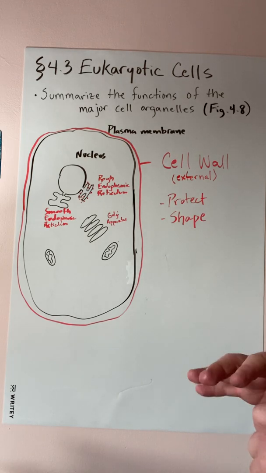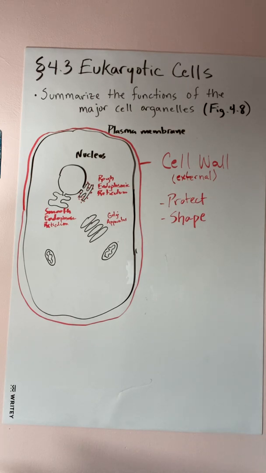Cellulose, you'll see on the nutrition label, that's fiber. It's a complex carbohydrate that our bodies cannot break down. Very few things can break it down. So since it's very rigid, it's very hard, it both protects and gives shape. So the cell wall is going to be only in plants. And so we'll pick that up with our last learning objective.